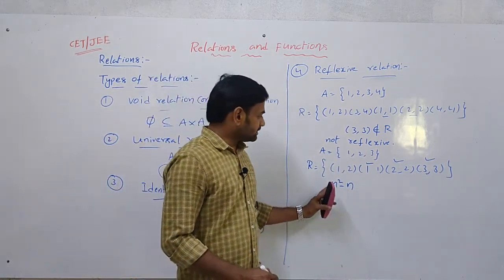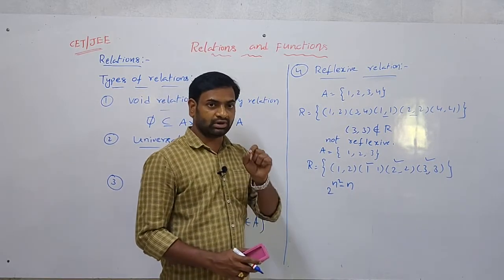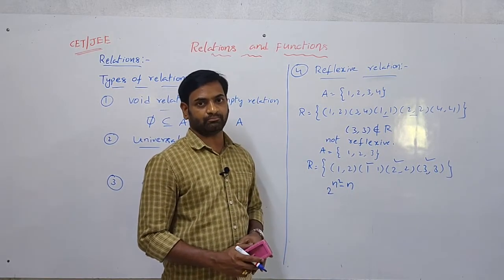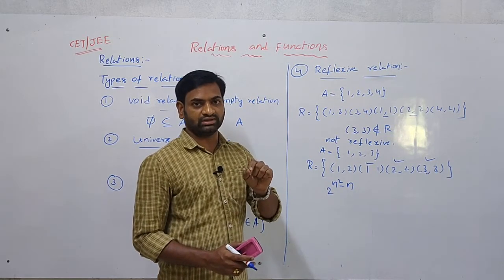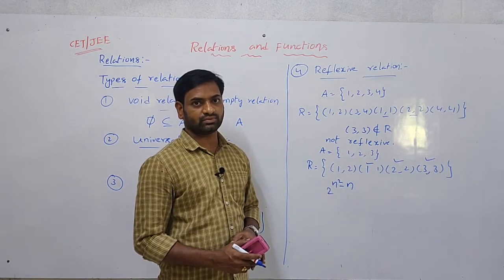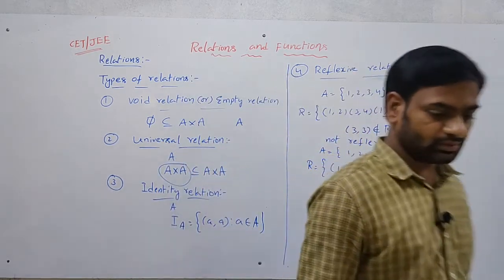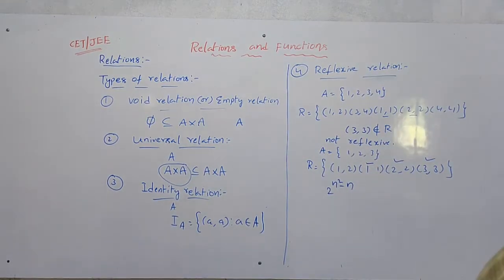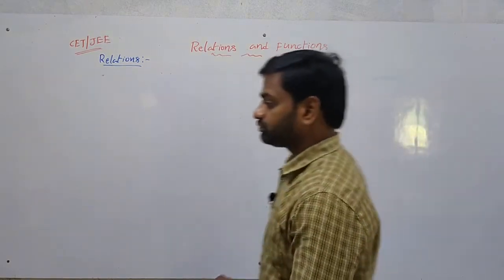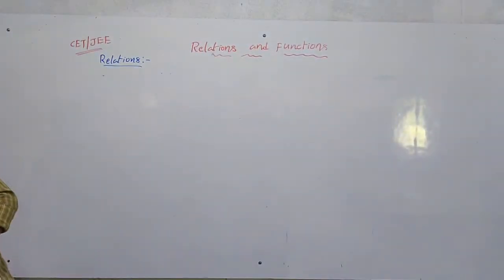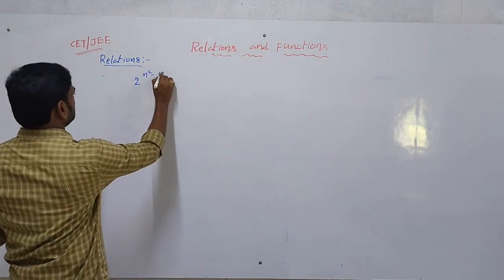Here, what does n mean? n is the number of elements in the given set A. So the number of reflexive relations is 2 power (n square minus n).